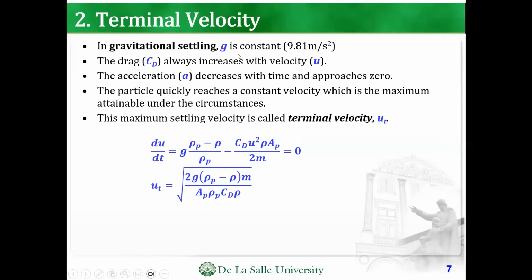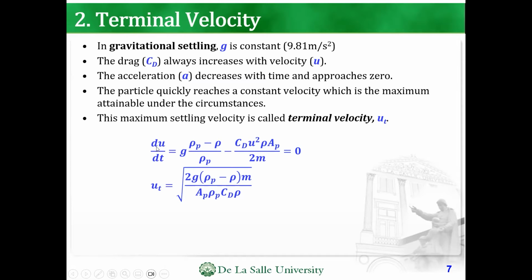In gravitational settling, G is constant. The drag coefficient always increases with velocity. And the acceleration, A, decreases with time and approaches zero. The particle quickly reaches a constant velocity, which is the maximum attainable under the circumstances.